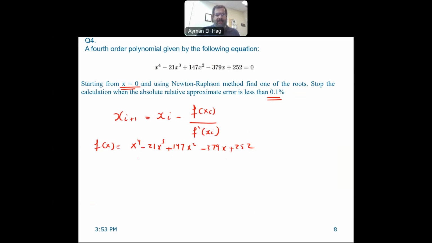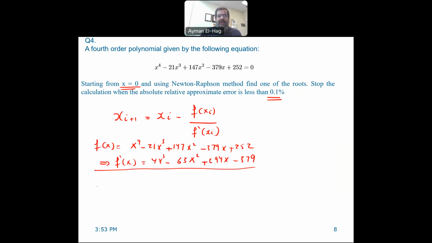So from this, I can find f prime of x, which is equal to 4x cubed minus 63x squared plus 294x minus 379. Okay, so that's your f prime of x. Now we start the iterations.